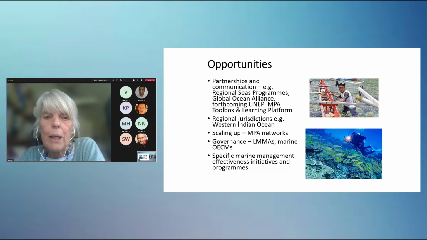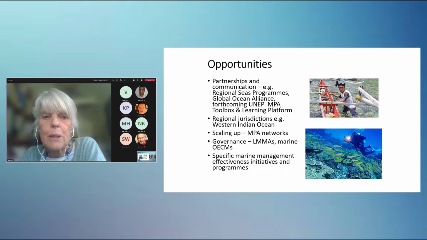And just to flag up here, UNEP is now developing a new MPA toolbox and learning platform that will be launched within the next year, I think. So there are many other global and international opportunities where the Green List needs to be promoted.